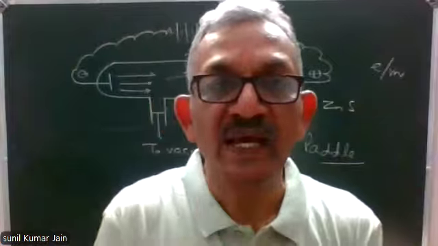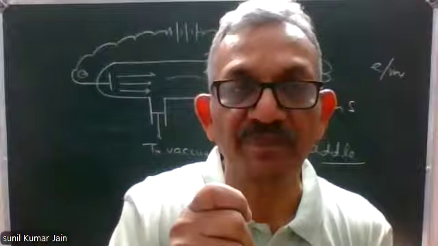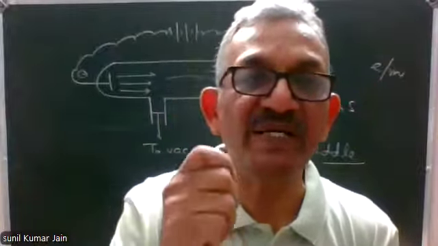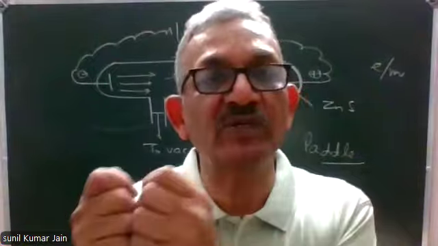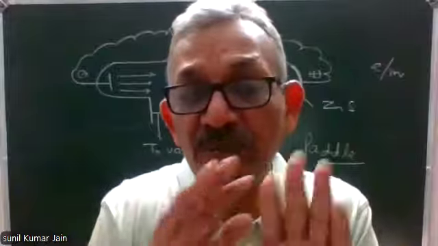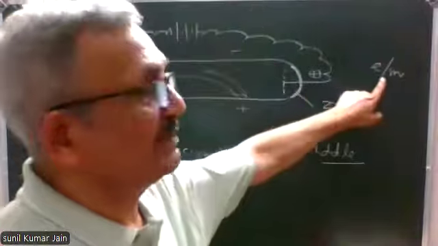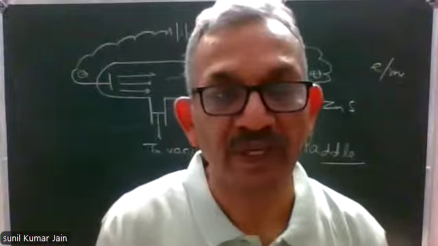What does it prove? It proves that all matter contains electrons, and the nature of electrons in every metal is the same. It's not that electrons of oxygen and nitrogen are different. Electrons present in every matter are the same, which is proved by the e/m ratio remaining constant.